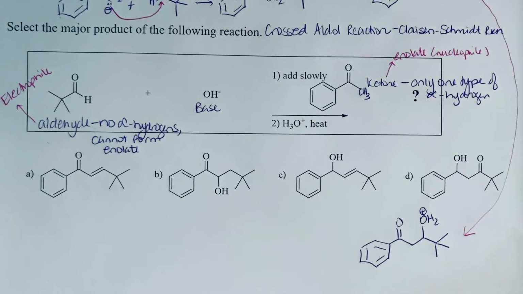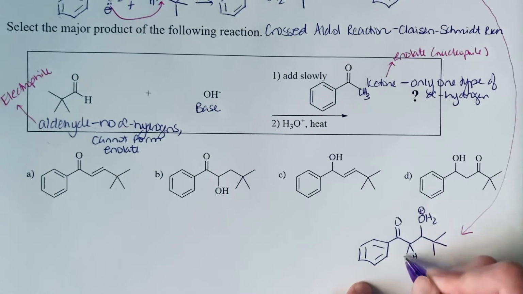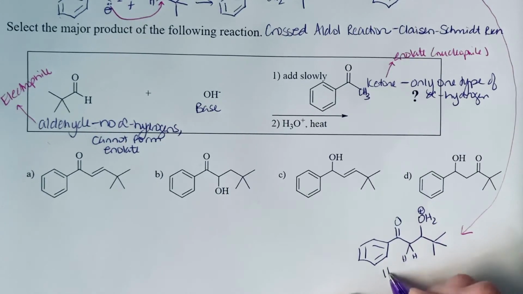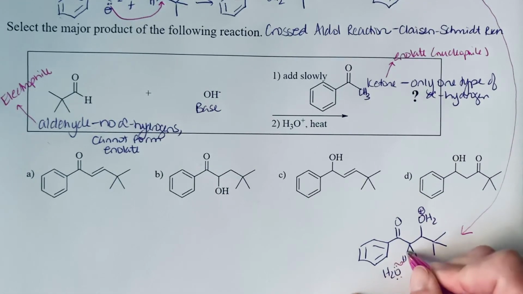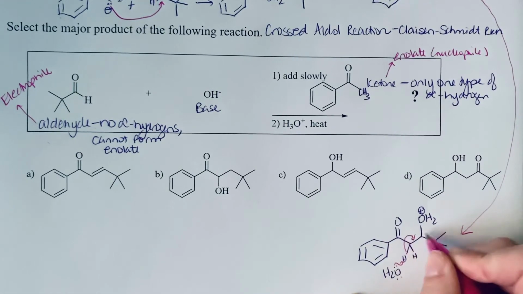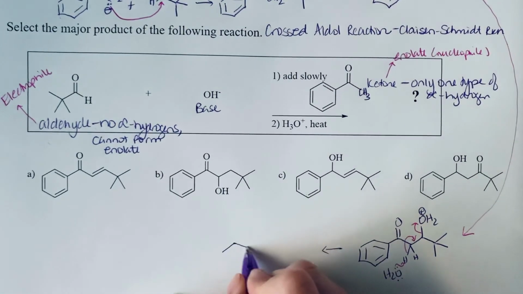And then in the next step, we're going to eliminate water here to form an alkene. This is going to give us our aldol condensation product. That would be the alpha beta unsaturated carbonyl.